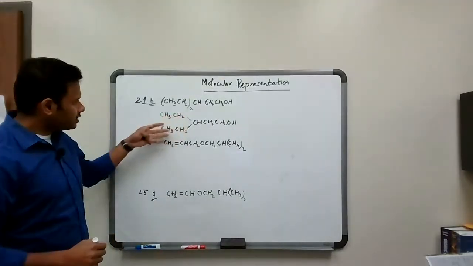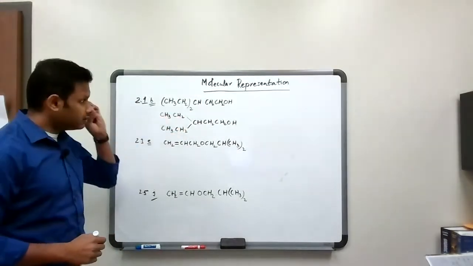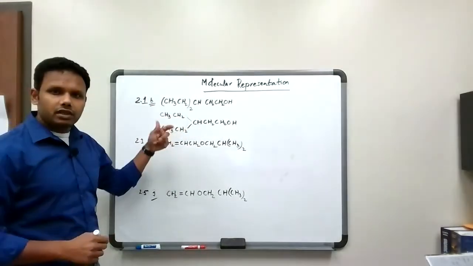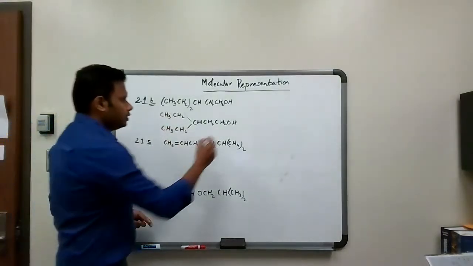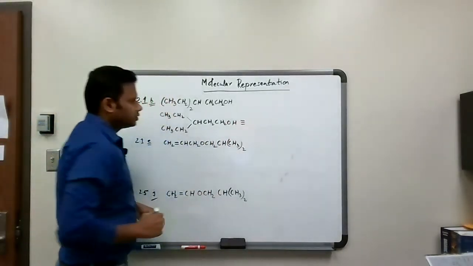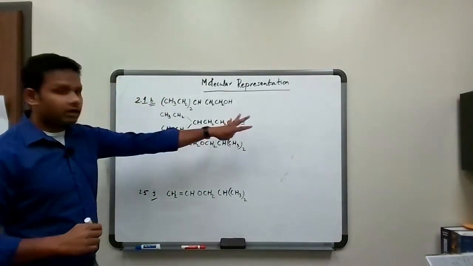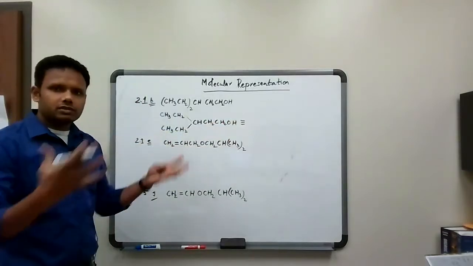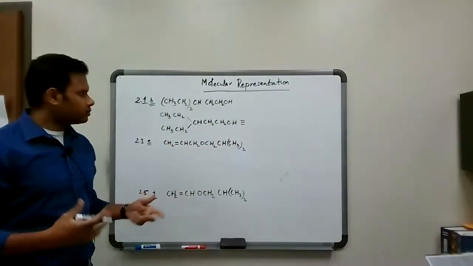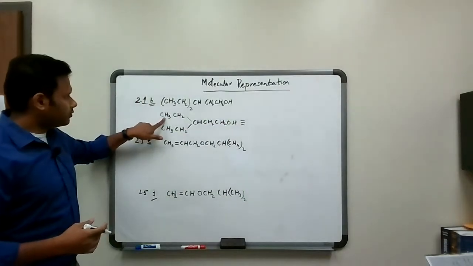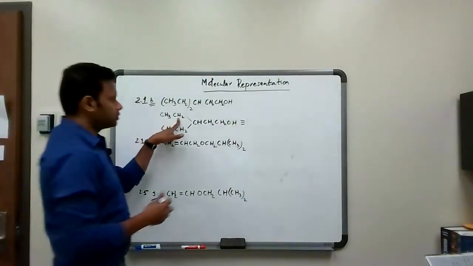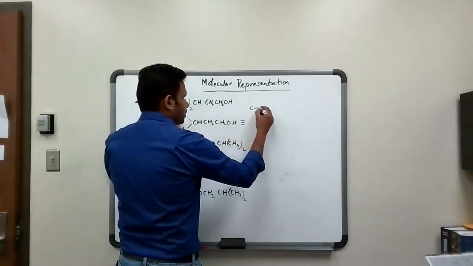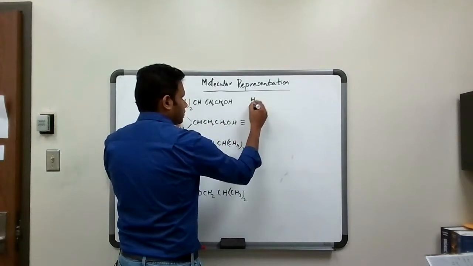So now we can see a little bit more of the connectivity in this structure. So it should help me write it out better. So when I convert this structure into a Lewis structure, I hope I'll have enough space over there, because realize Lewis structures are sort of cumbersome to write. So starting off with a CH3 that's connected to a CH2. So I have carbon connected to a carbon.